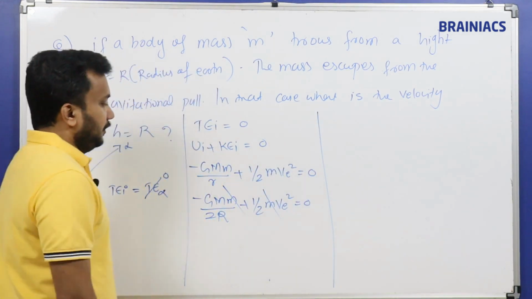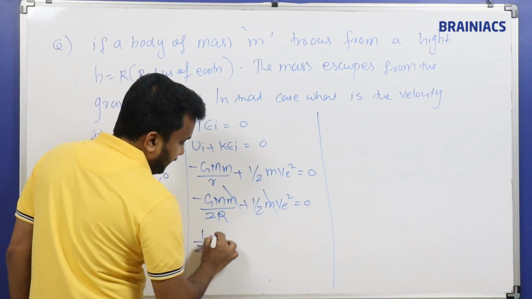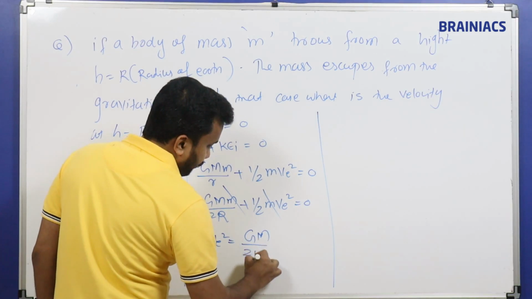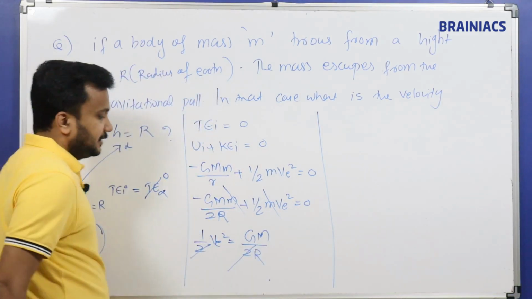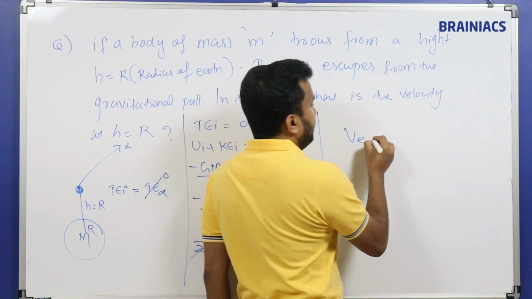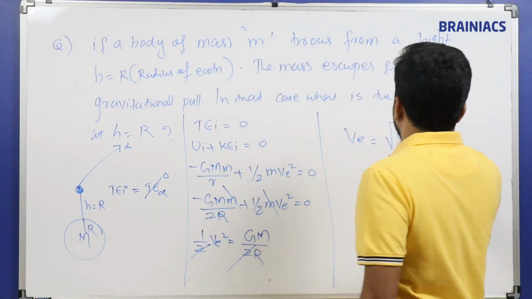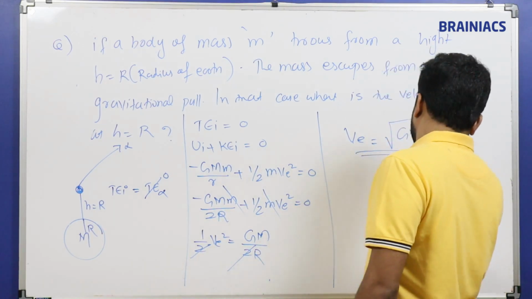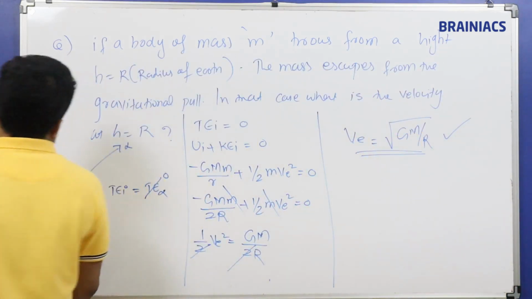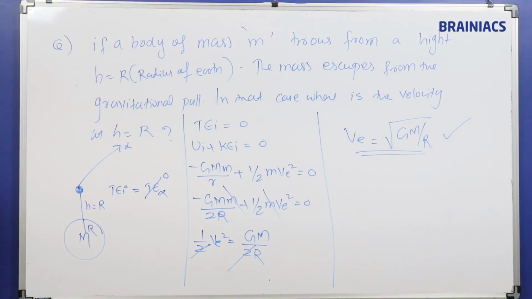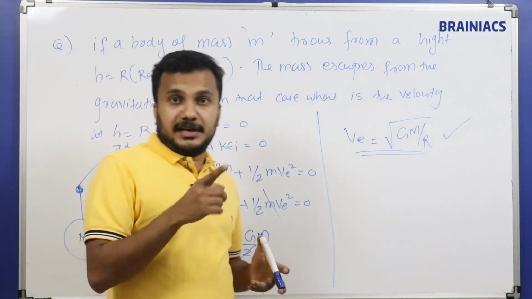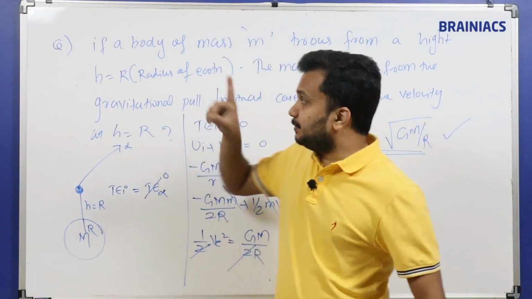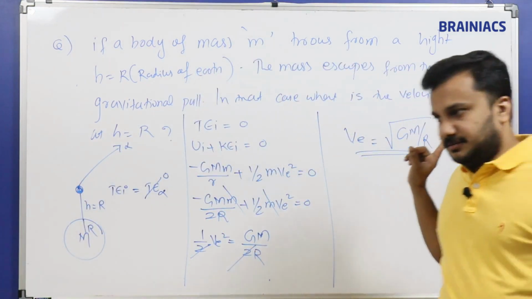What's left now is half V_E square equal to GM divided by 2R. Again the 2 cancels and you get V_E is equal to root of GM divided by R. This is the answer to this question. This is not the standard equation we have learned before; this is with respect to this question.